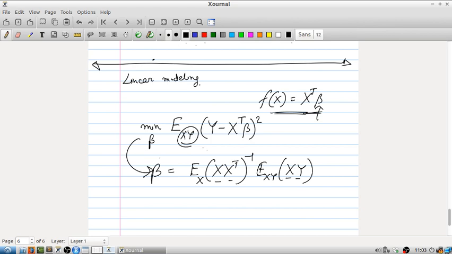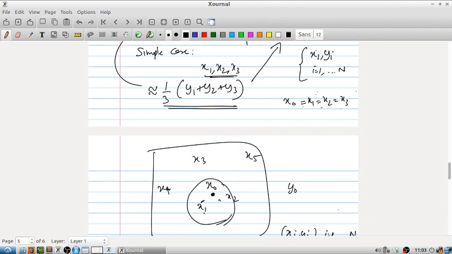I'll do the derivation later on, but I'm thinking whether I should do the derivation right here, because it's related to the derivation that we did last time. I mean, we didn't do the derivation, but we wrote an expression. Just a few minutes ago, I wrote what is the best f you can get when I'm not assuming anything, like this linear model, and I related it to KNN, right? KNN is approximating roughly the expectation, which was this guy here.